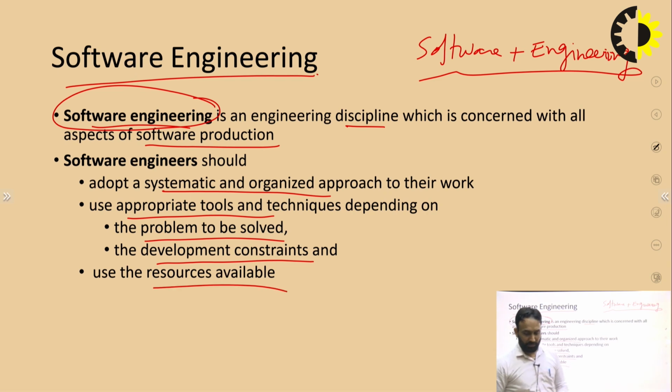Because during the development of software, a major concern is that the cost of the software should lie within the budget of the user, or the customer who is going to get the software developed. So the software engineer should keep in mind what resources are available in an organization at the time of developing the software.